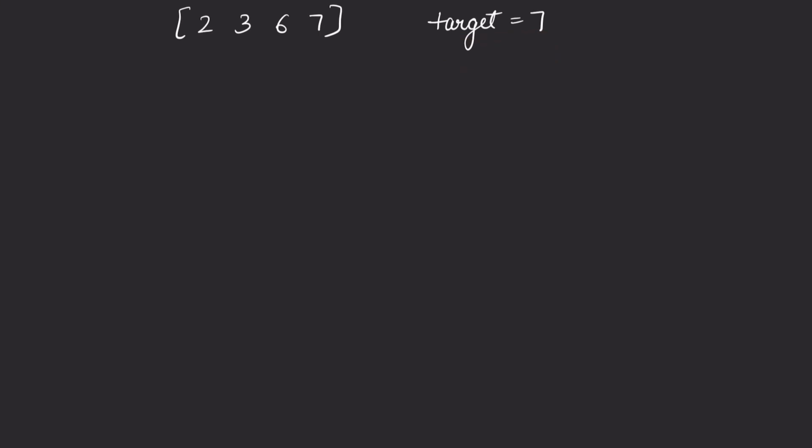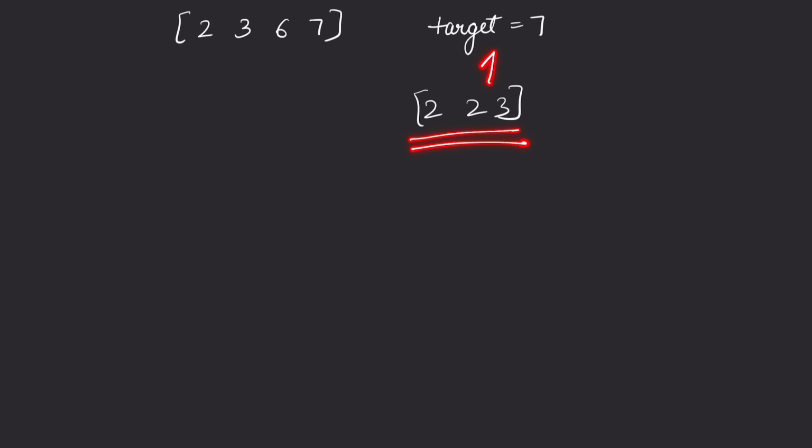Another thing they have mentioned is that you can take a number any number of times. So that means if you have considered 2, that doesn't mean you cannot take 2 again. One of the possible answers is 2, 2, 3. Here the sum of these three numbers equals the target. So here we have picked 2 twice and 3 once.